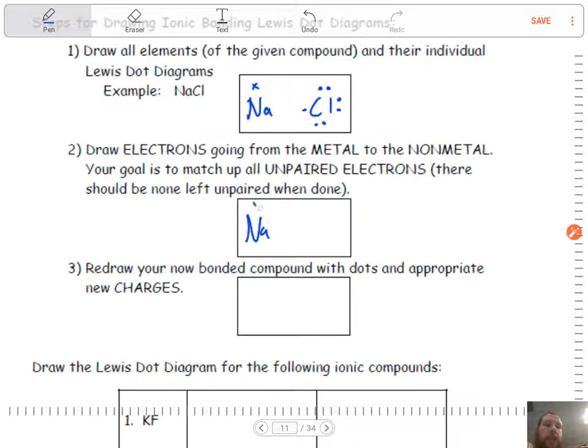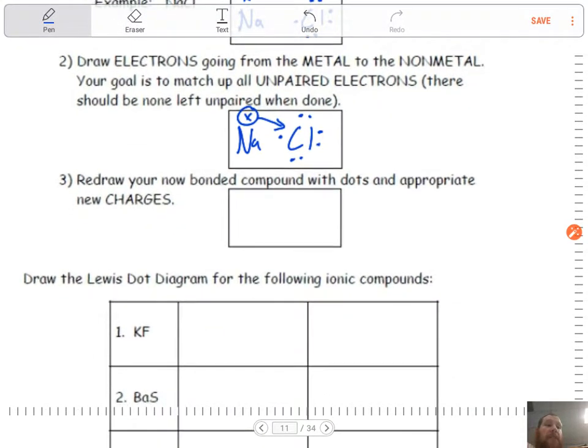When you get into practice, you'll have it in just one spot, so you won't have to redraw them every time, but for notes it's good to get in the habit of drawing these out. So I circle the electron that sodium's going to give, and it's going to go to that unpaired electron in chlorine.